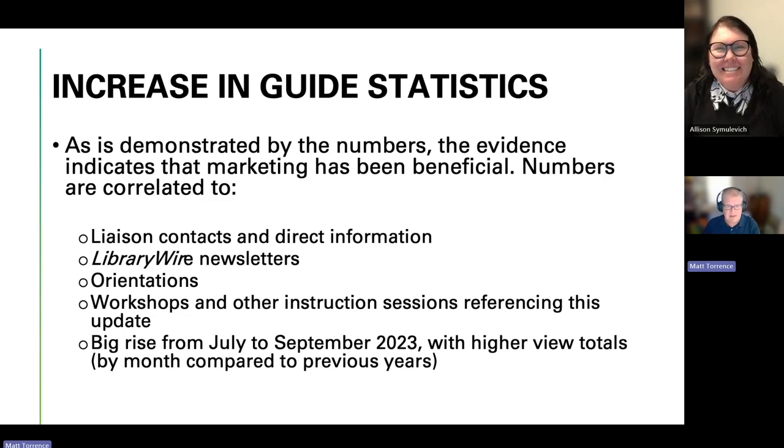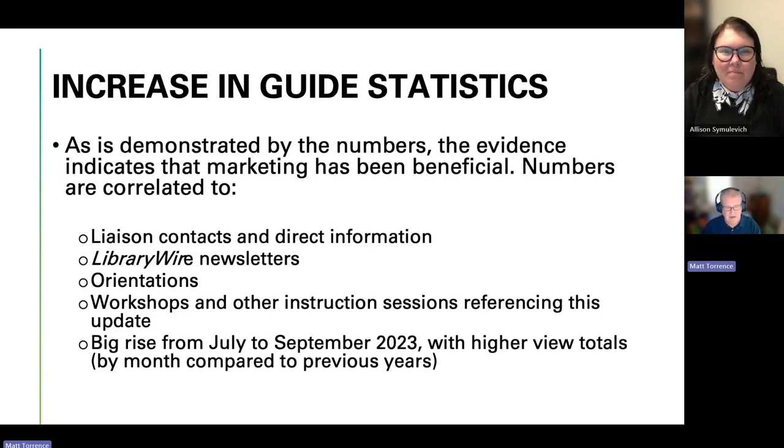Allison and myself, I work in the sciences, Allison works in the social sciences, and we each were working with various groups to promote this through that, as well as our colleagues. And then we also have a workshop program where people were referencing this, and we have certain workshops that fit into a track that was very helpful for this, specifically dealing with the resources that we were focusing on, like Web of Science and Scopus, SciVal Insights, Google Scholar, all those different measures to see what people thought.